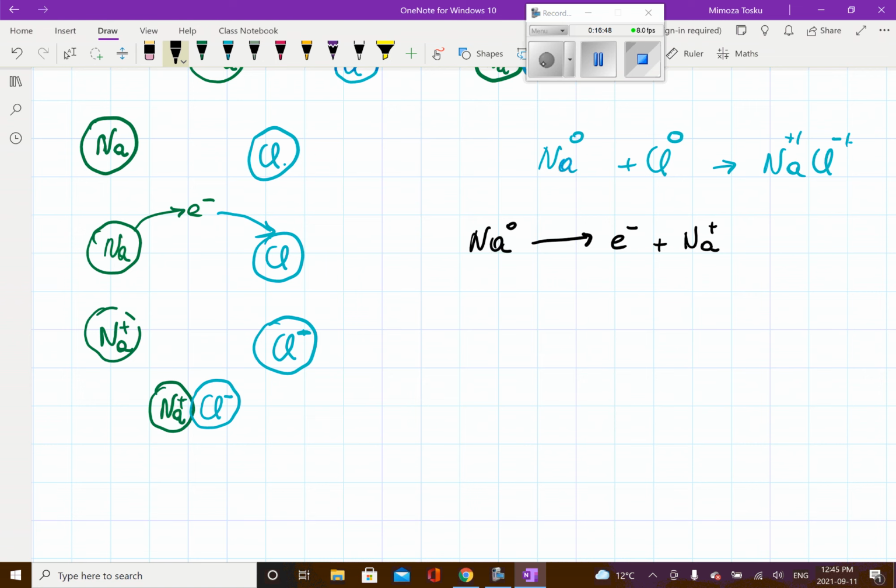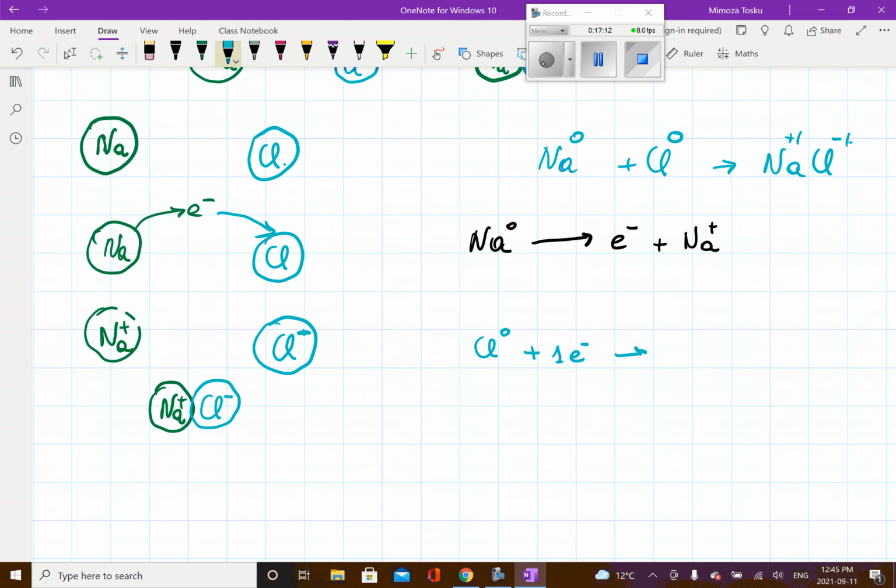And when we have the chlorine, chlorine starts as neutral. What is happening with the chlorine is that it is taking the electron in. As a result, it becomes chloride, so the reaction will be +1 electron.